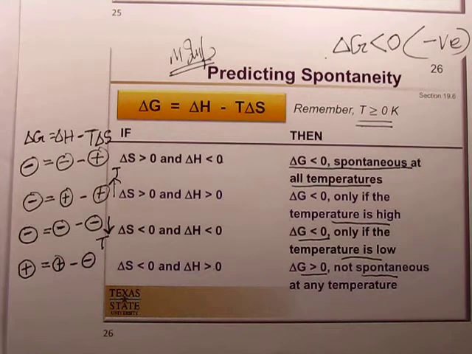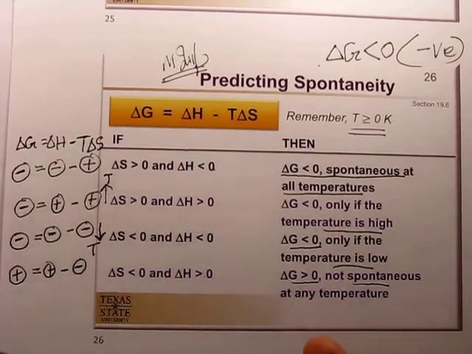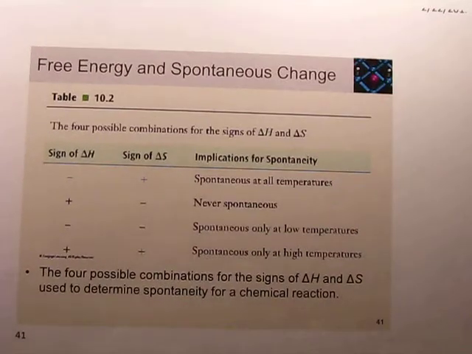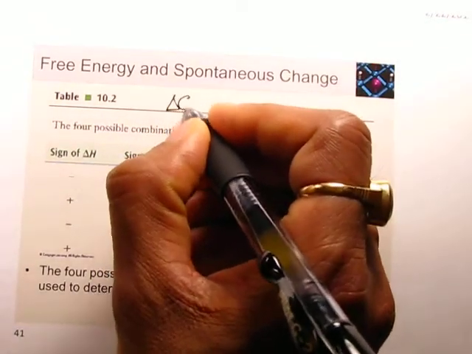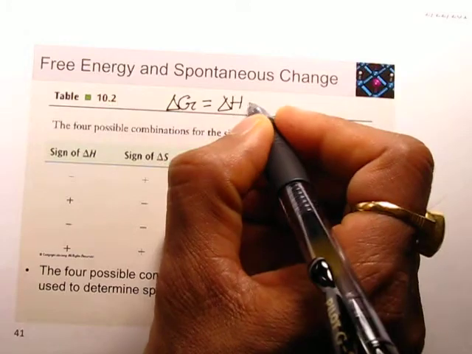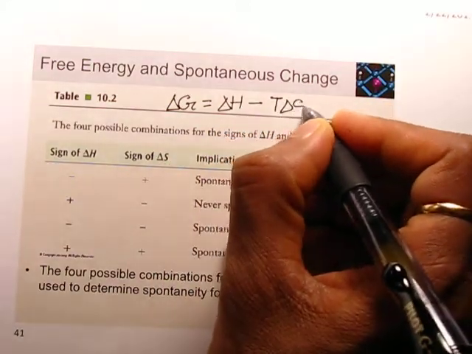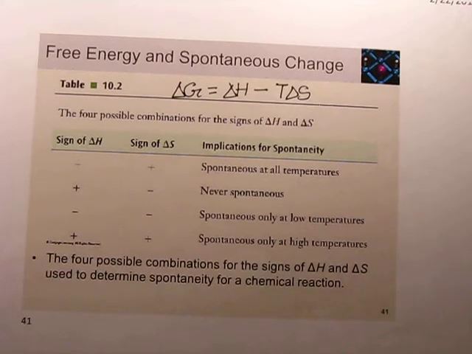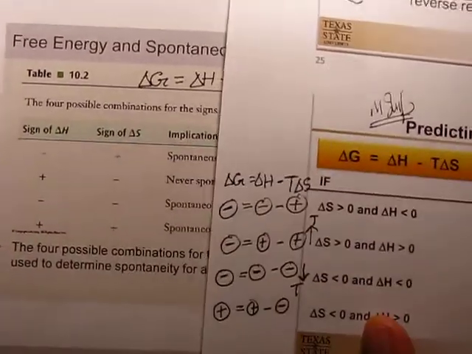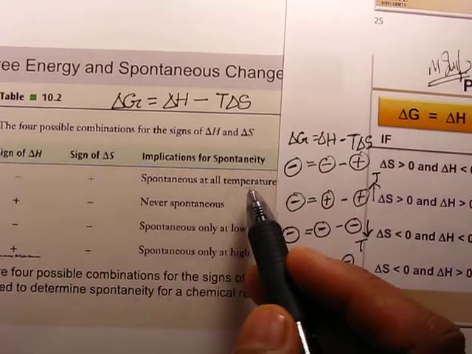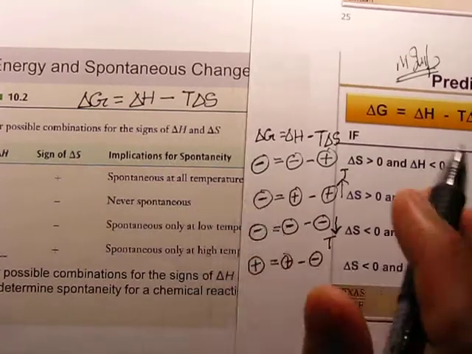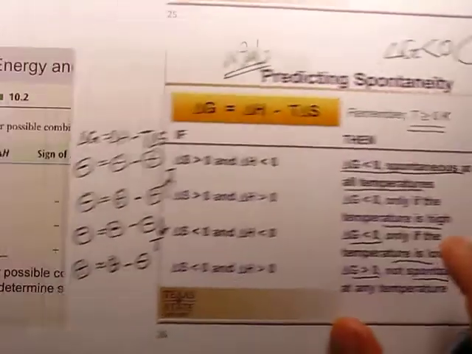I have another version of this slide that you can utilize or understand in this way also, using the same equation, delta G is equal to delta H minus T delta S. Let's compare: negative delta H, positive delta S gives a spontaneous reaction at all temperatures.